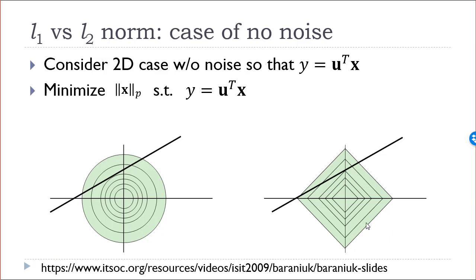Interestingly, this picture demonstrates that most of the time, the straight line that intersects with the smallest rhombus does so at one of its corners, which lie on one of the axes. That is, the solution of the L1 norm minimization problem subject to this linear constraint is such that one of its entries is 0 and the other one is non-zero.